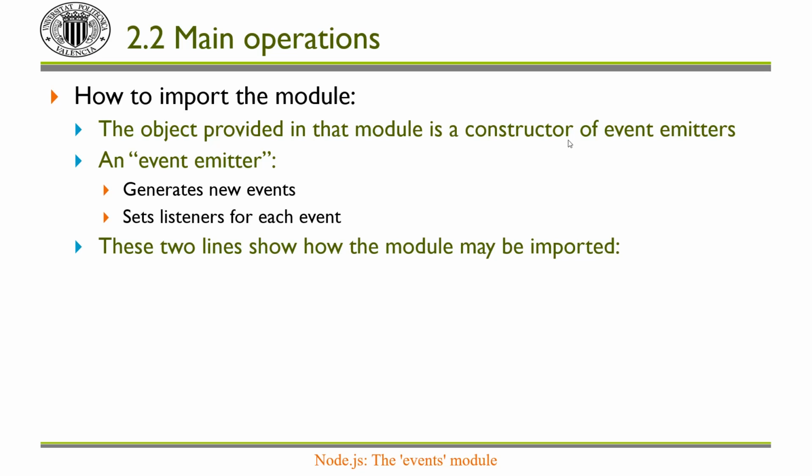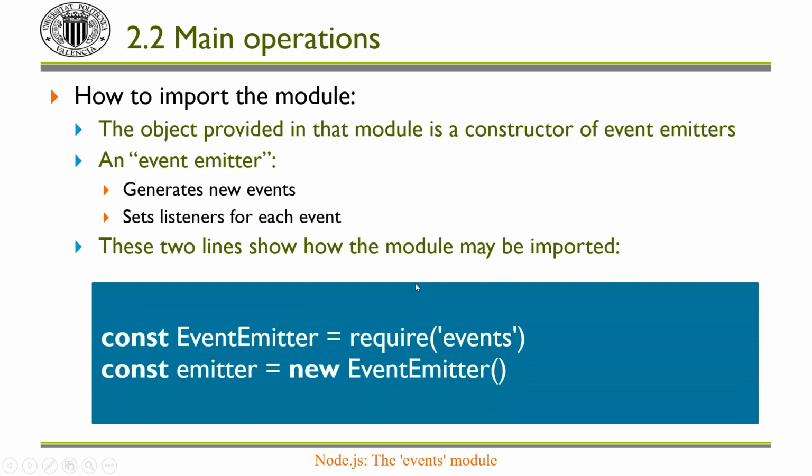So, in order to import the module, we need two lines similar to the following ones. We may read the events module using the require operation, and the returned entity is a constructor of event emitters.